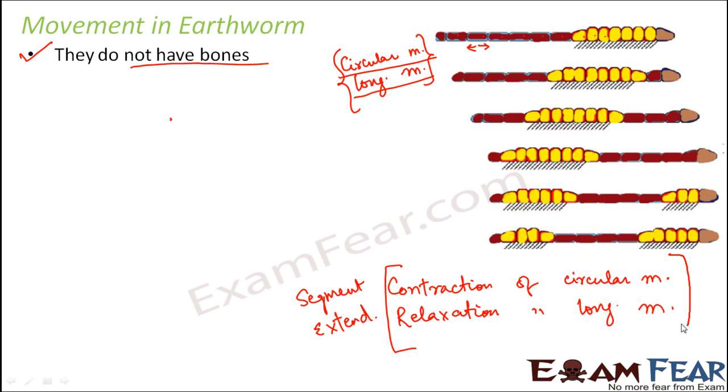Now when the opposite happens, that is when the circular muscles relax and the longitudinal muscles contract, in that case overall the segment will shorten.